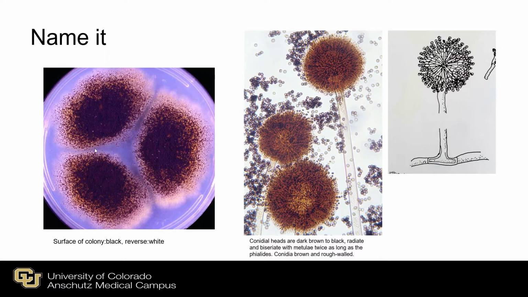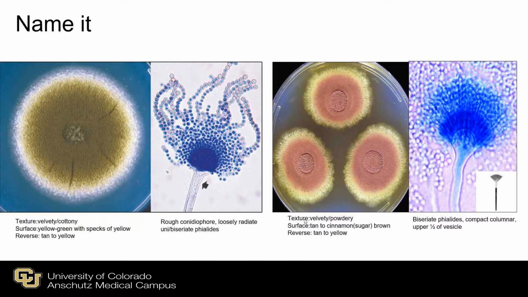Other related Aspergillus species include this one, which has a black colony on top, and the vesicle is completely covered with phialides and conidia, and they look brownish black. And this is Aspergillus niger. And this has a yellow colony. This is Aspergillus flavus.